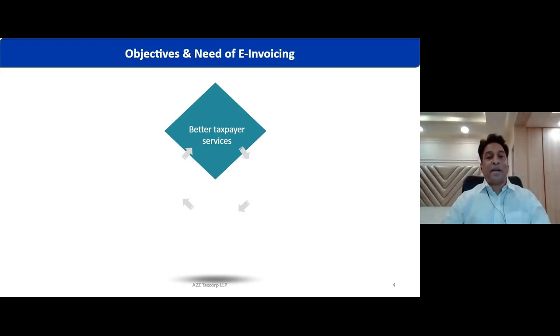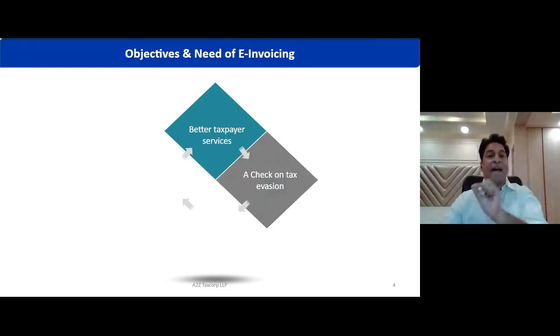Those who are recipients of this e-invoice will get their data auto-populated in GSTR2A for availing input tax credit. And this is all happening in a transparent manner, giving realistic transactions, realistic at the instant level, to both taxpayer and tax department.